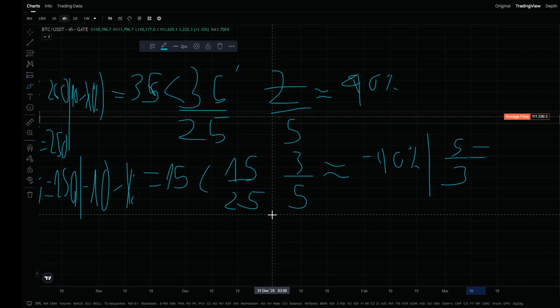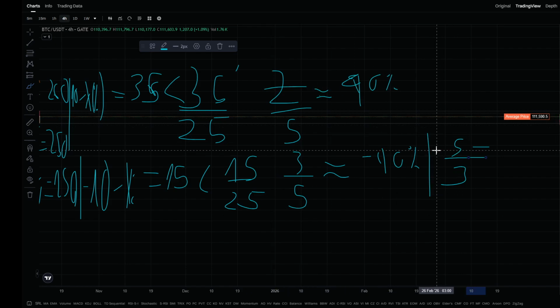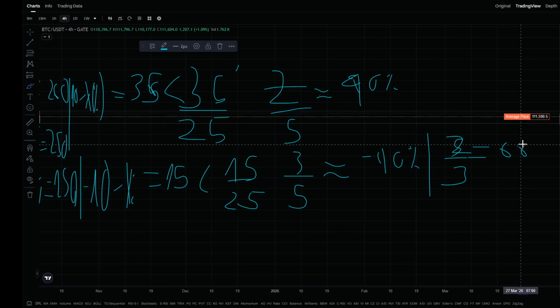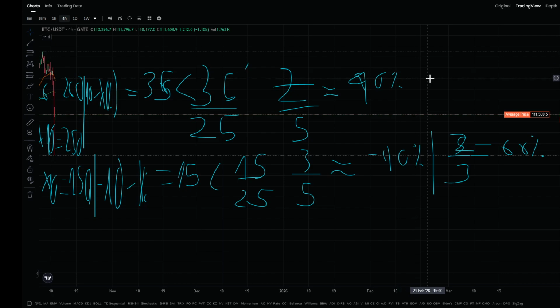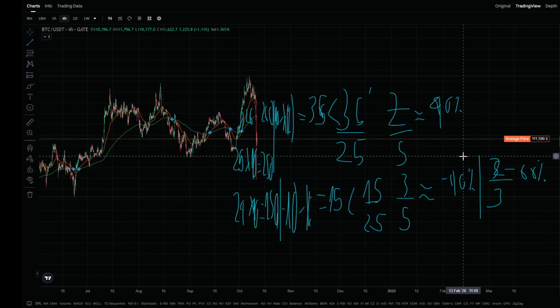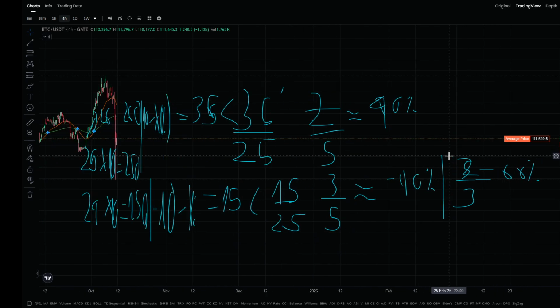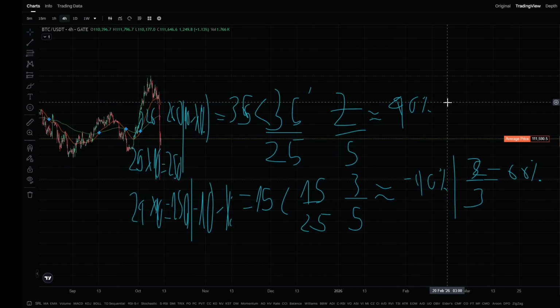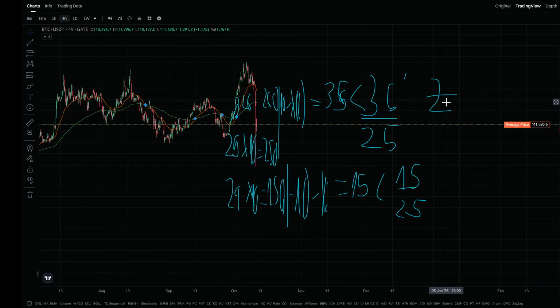How much is that? It's like 66%. So risk wisely. If you're losing 40%, you need a 66% gain to break even. Is that risk management?